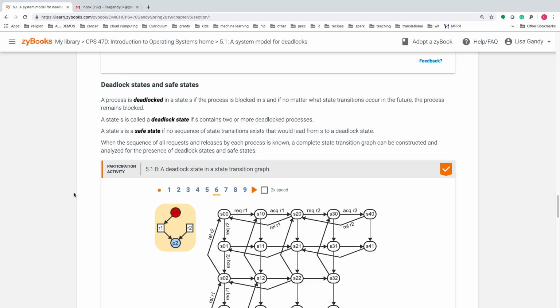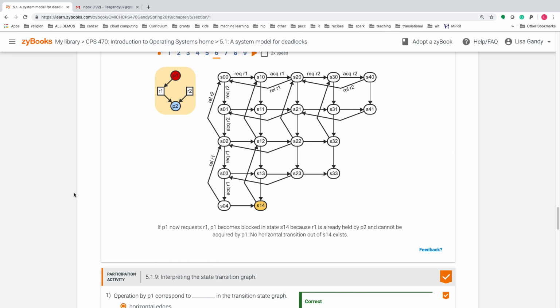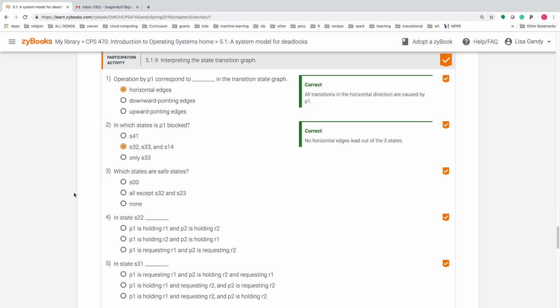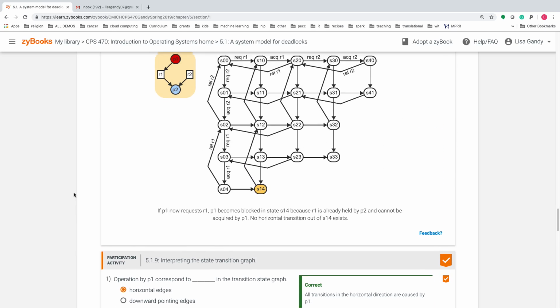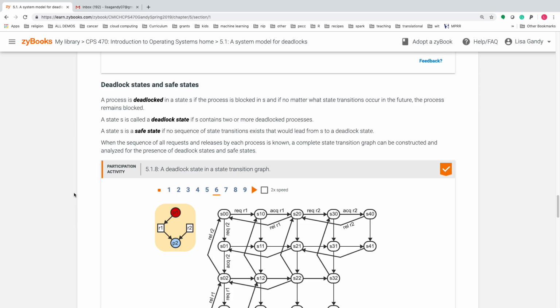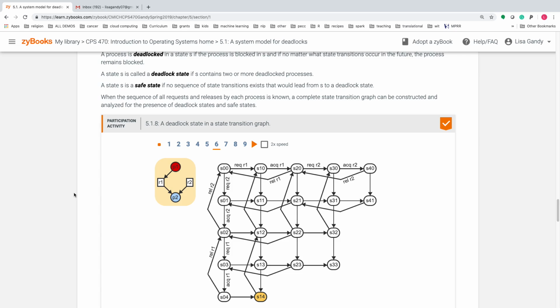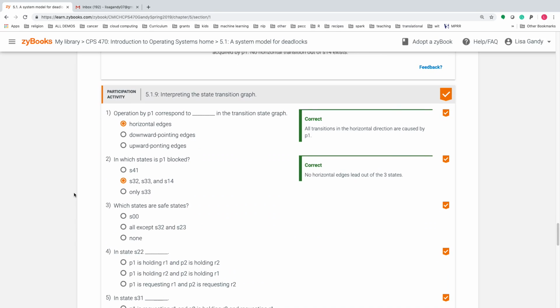Oh, it's everything except 32 and 23. Is 23 a deadlock state? No. Oh, never mind. I thought it was no sequence of state transitions exists that would lead from a safe state to a deadlock state. So the only states that will lead to that are 23 and 32. Right.